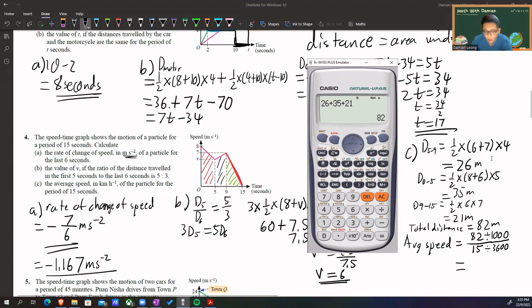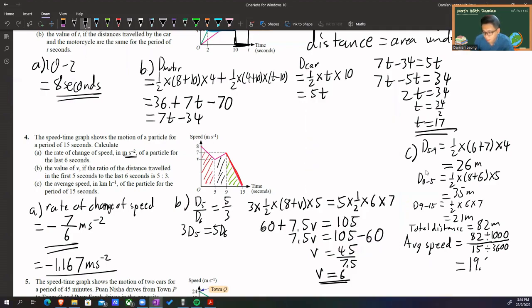The numerator and the denominator, we have to bracket it if you're using the MS version calculator. If you're using the fraction form, then it's okay. If not, you have to bracket 82 divided 1000, then over bracket 15 divided by 3600. Or you can divide 60 divided 60. It's the same thing. So you will get 19.68 km per hour.